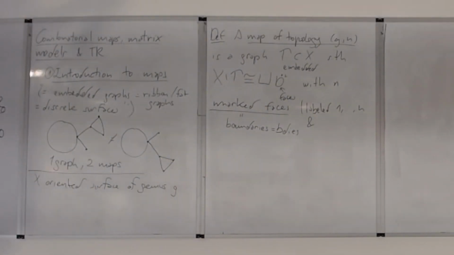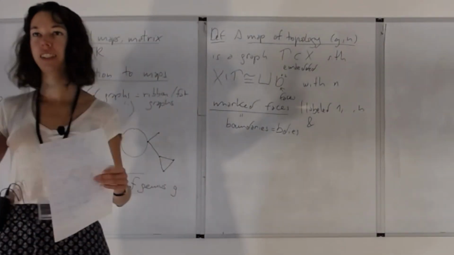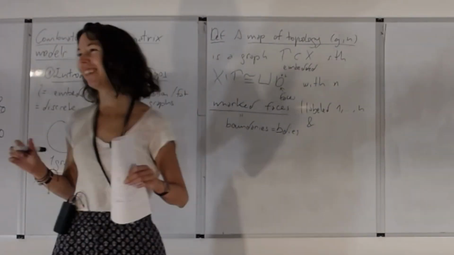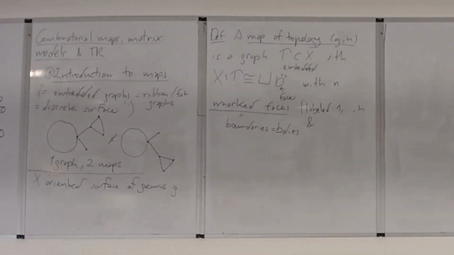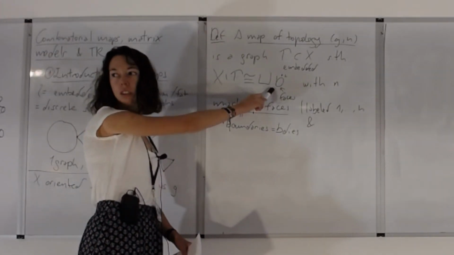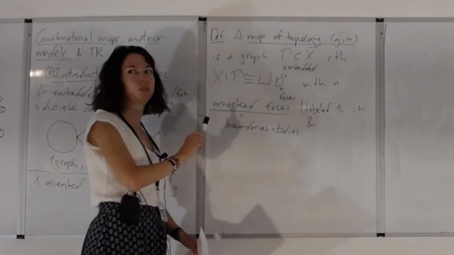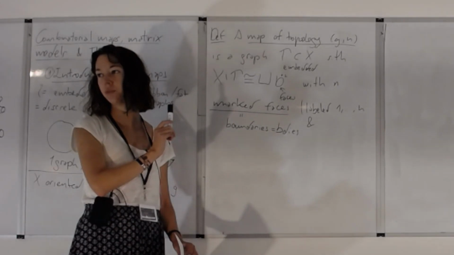Should I do it bigger? Okay, I make it bigger. What's the symbol after the equivalence? I just want to know what that symbol is. It's a D with a little circle on top and a 2. It's just an open disk in the plane. I see. Okay, thank you.